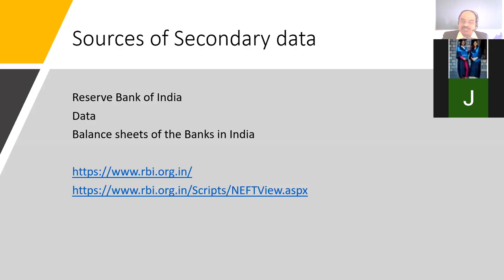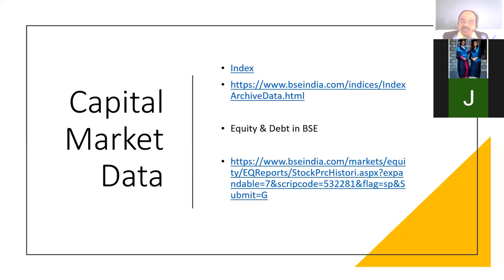Coming to the next source, we'll see the source, then we'll go into the details and see capital market data. Usually, how do we measure the Indian economy from outside? They say that by seeing the Sensex and the Nifty index, if the Sensex is moving in an upward direction, it means indirectly our Indian economy is performing in the right direction.